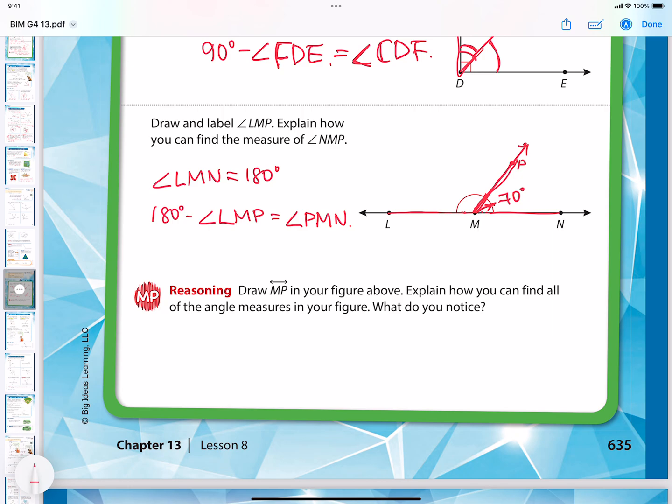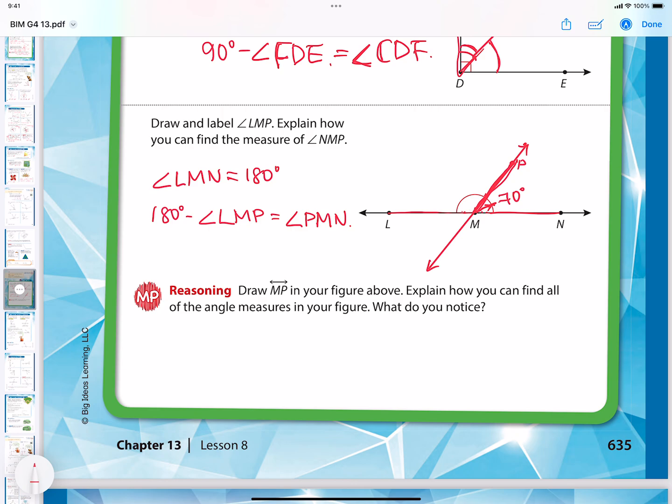Okay, so line MP. Before it was ray MP, but then I have to do line MP. Oh, I didn't have to erase. Okay, it was line MP, right? Explain how you can find all of the angle measures in your figure. What do you notice?